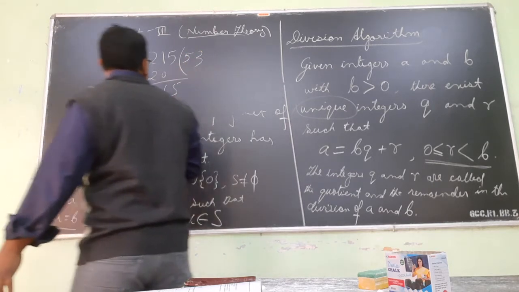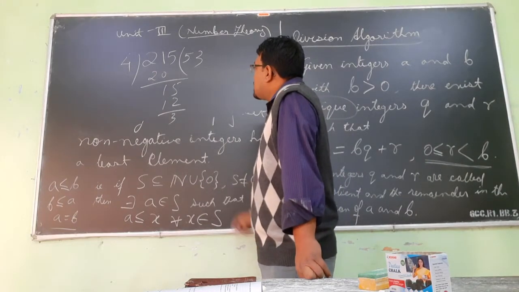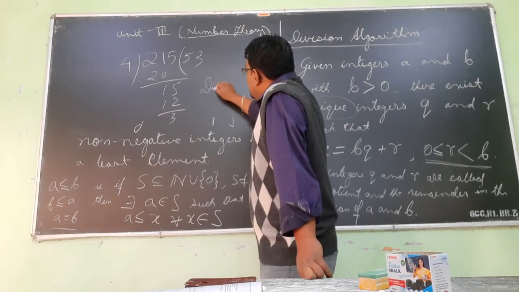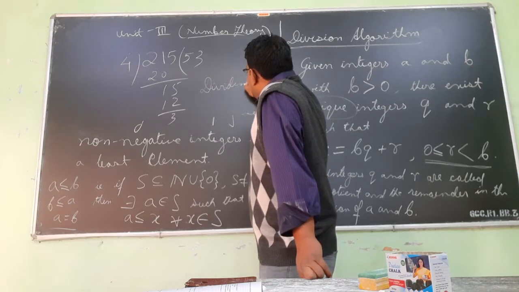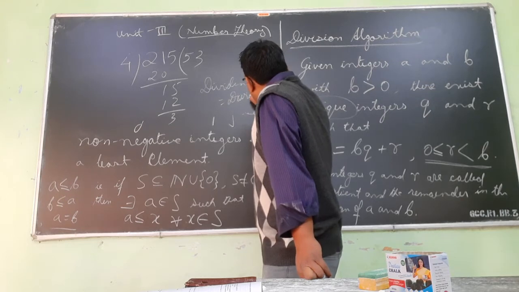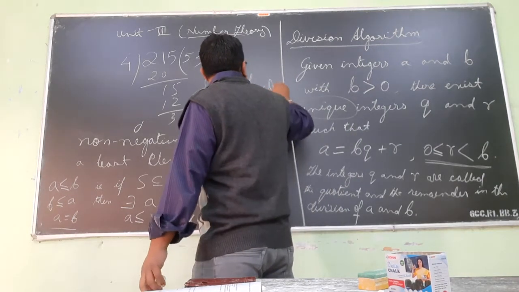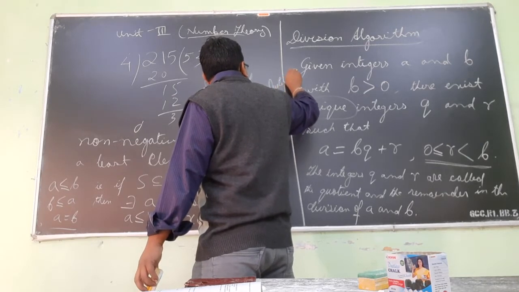So this part is the remainder, and after that you were asked to check if this is correct. So you had something like this: dividend equals divisor into quotient plus remainder. That is nothing but the division algorithm.